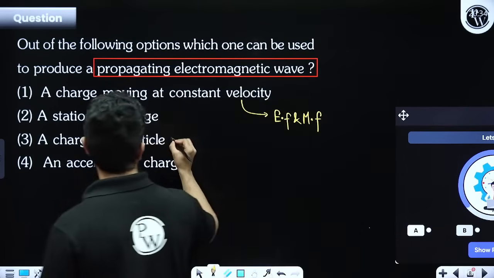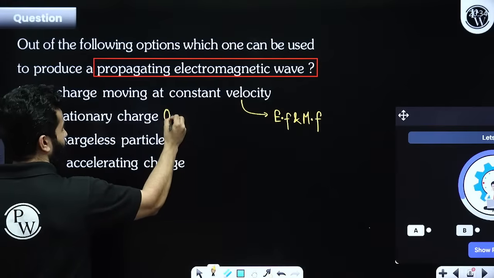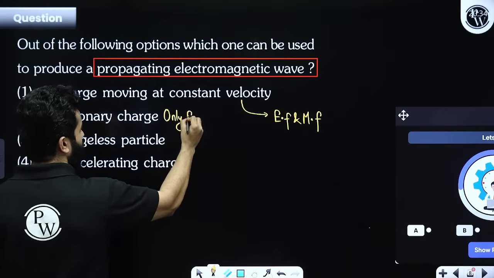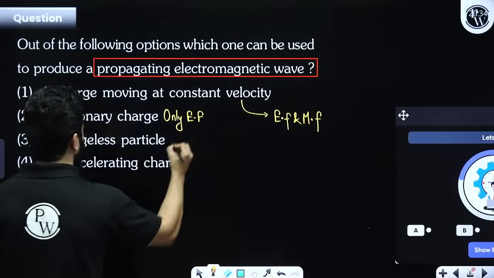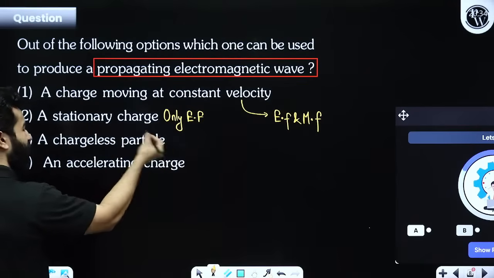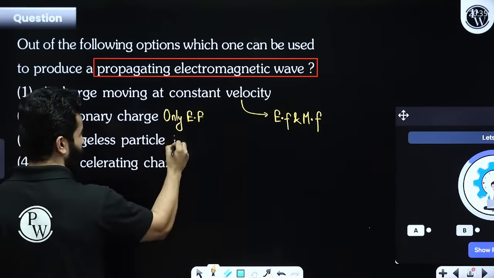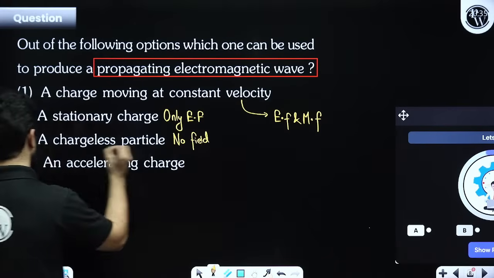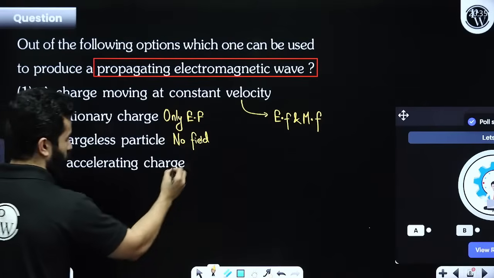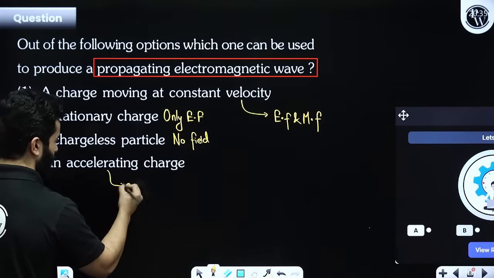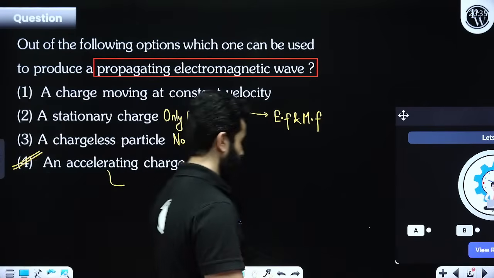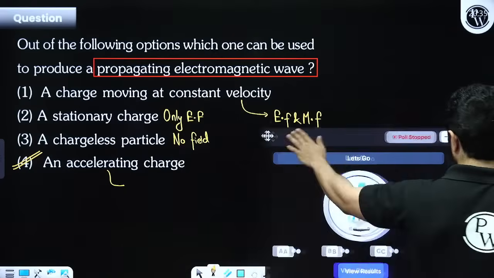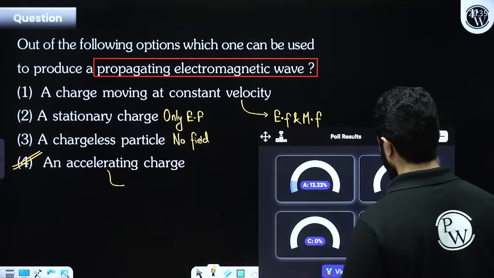A stationary charge will create only electric field. A chargeless particle will do nothing. Answer is an accelerating charge or vibrating, same thing. So option D is correct.